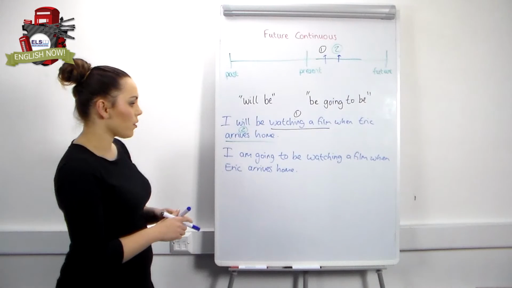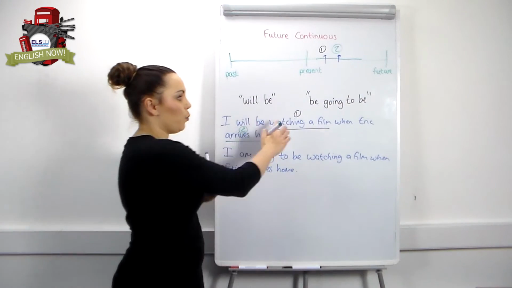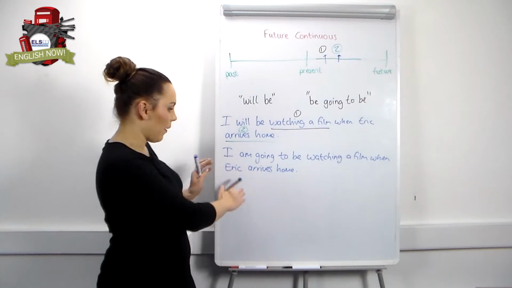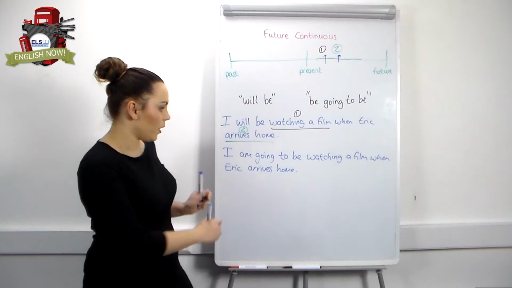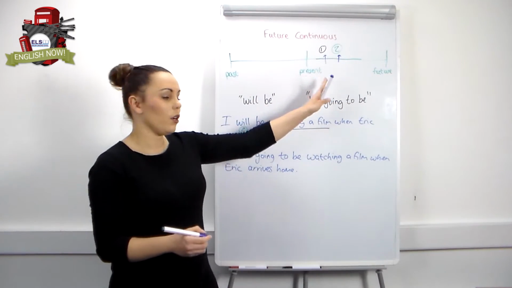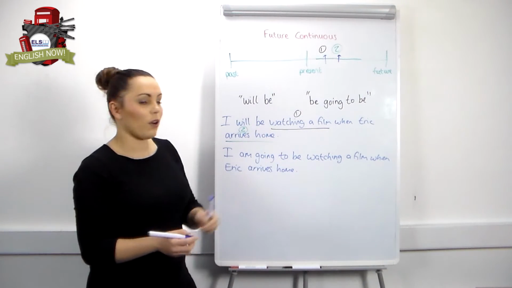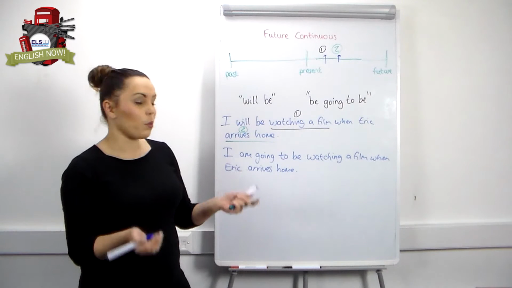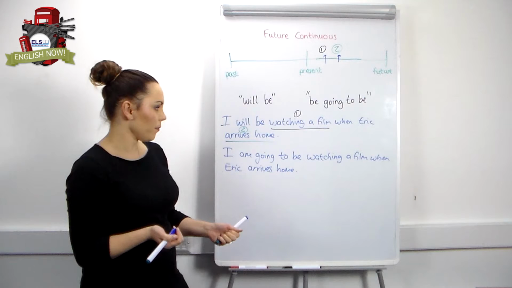The same actions, so it's still about me watching a film, and it's still about Eric arrives home. The second action that starts after the first one, we always use the simple present tense when we're writing. So please watch our simple present video to find out more information.